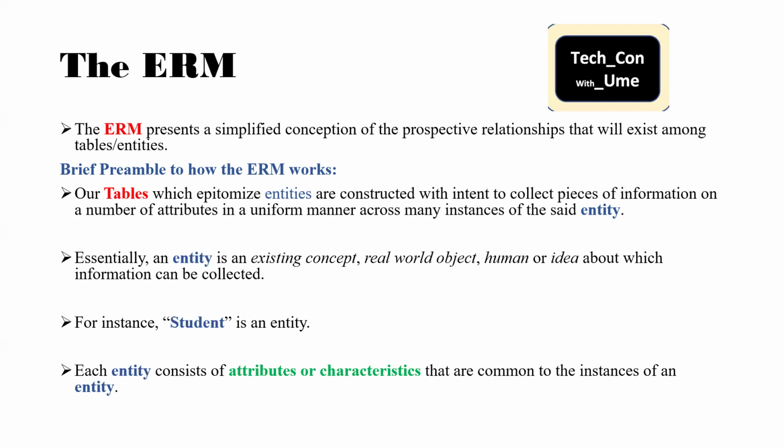Now, each entity consists of attributes or characteristics that are common to the instances of the said entity. Let's look at this example. We have an entity called student.